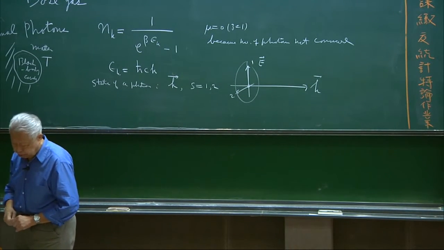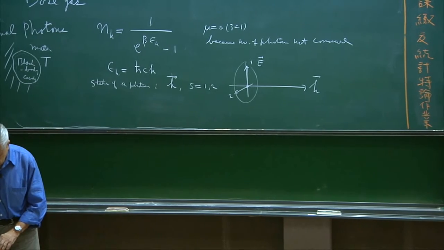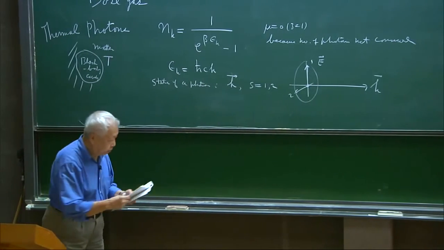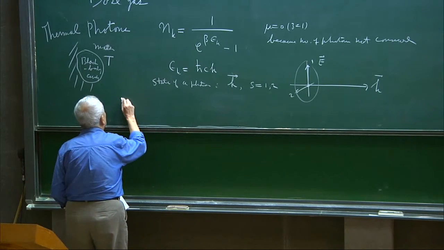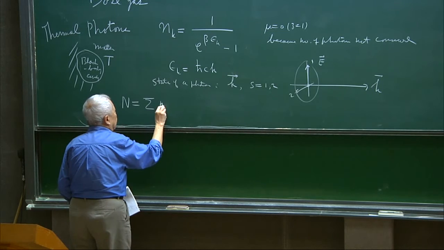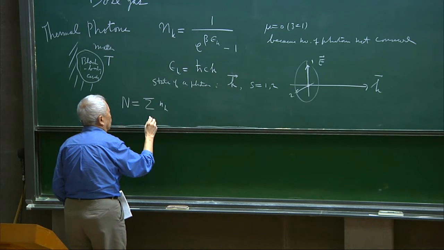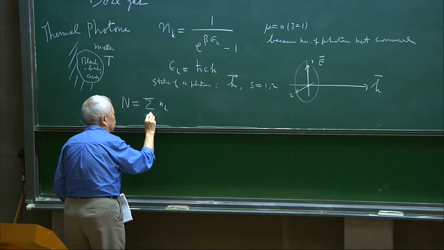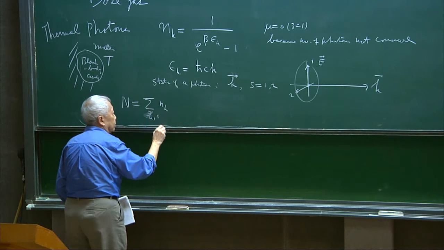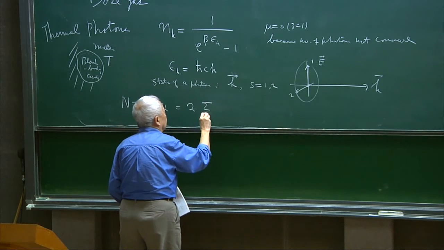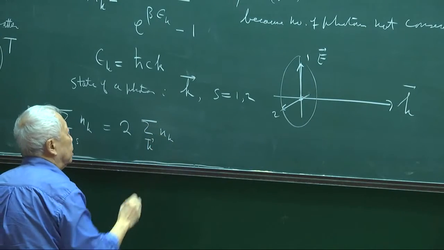So I want to compute the number of photons, N, equal to the summation of Nk over states, which is the sum over k and also s. Therefore, I get 2 times the summation over k of Nk.